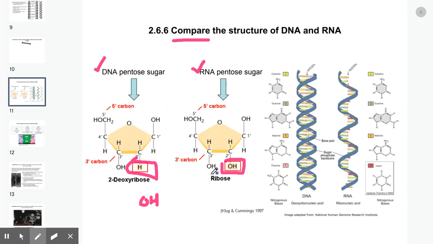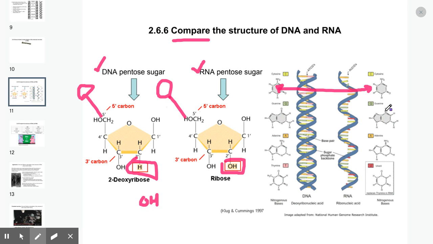However, a similarity would be that they both contain phosphate, right? There's phosphates coming off carbon number 5 on both of those. They also share nitrogenous bases. They both have cytosine. So RNA is on the right hand, DNA is on the left hand.